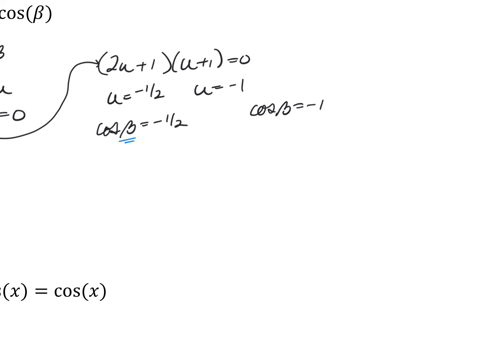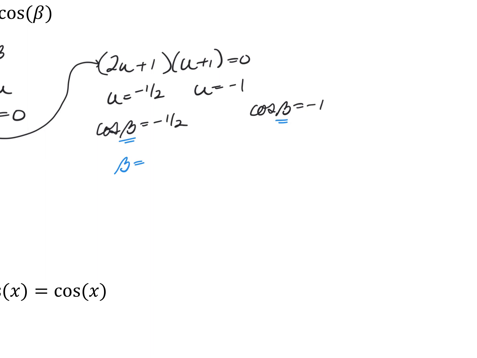Now, by this point, you should see that when I have a singular angle, it's not necessary to add that plus 2 pi k. You can, absolutely, but it is necessary when my angle is not a singular beta. It's like 2 beta or beta divided by 2. That's the time I have to do that. So I'm just going to go out to my unit circle, and I'm going to say, well, where is my angle? When I take the cosine of my angle, where is it equal to -1/2?